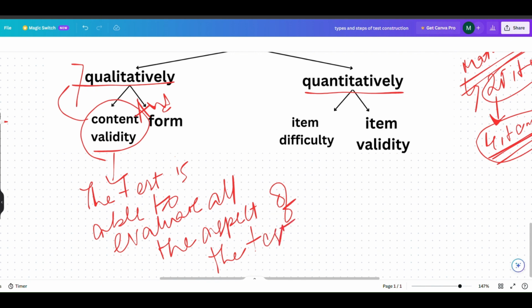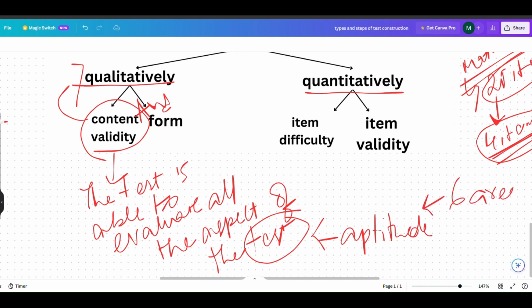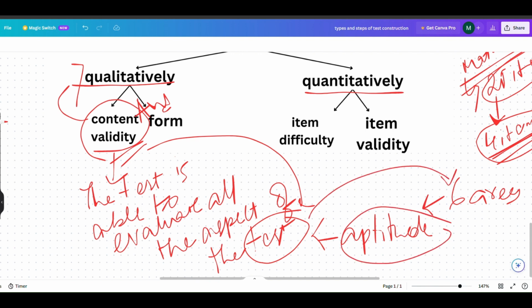Suppose the test is an aptitude test and there are 6 areas. Now content validity is to see if the test is actually measuring all the 6 areas of aptitude. This is content validity. Item validity, on the other hand, is basically whether the item is able to measure what it is supposed to measure.